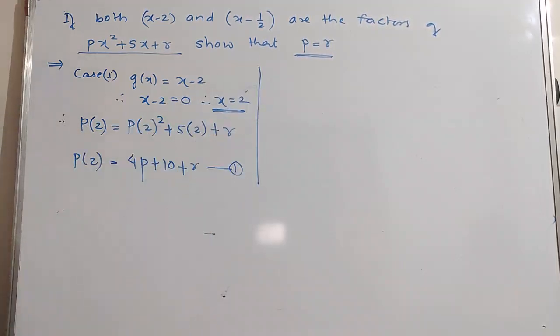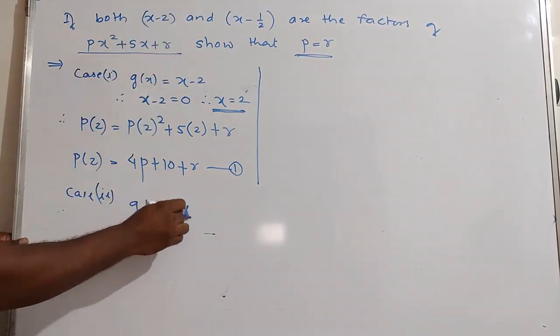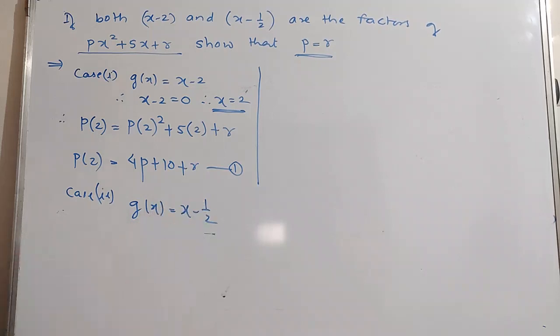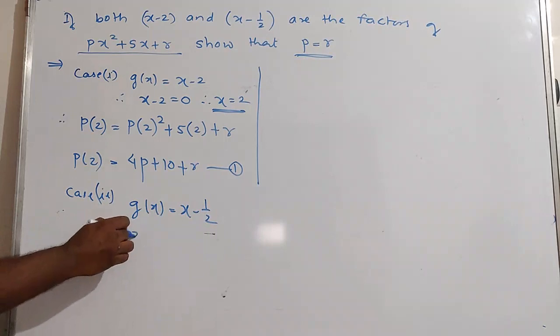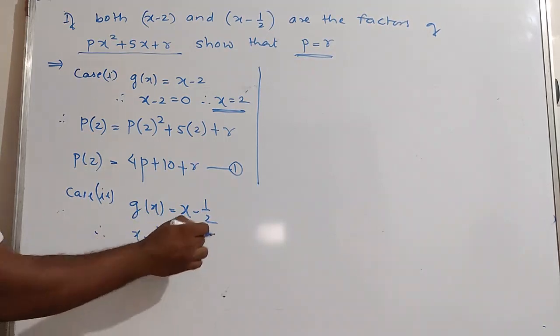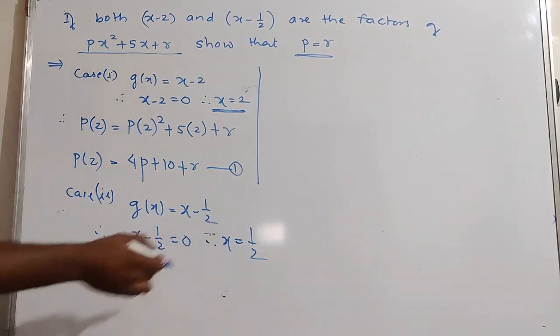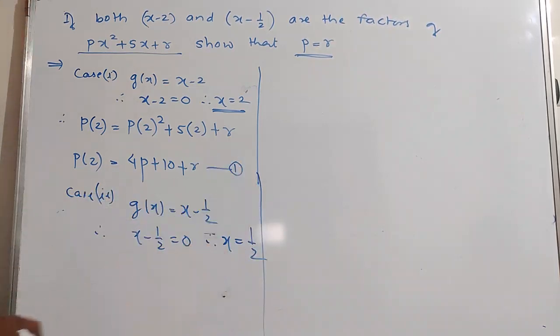Okay. Now in the second case, where g of x is x minus 1 by 2, if I consider g of x as 0, so x minus 1 by 2 as 0, and therefore I'll get x is equal to 1 by 2. And this value of x, which is 1 by 2, I will substitute in the given polynomial.